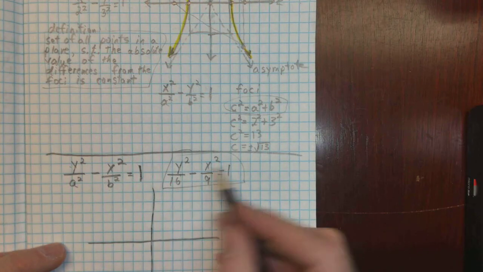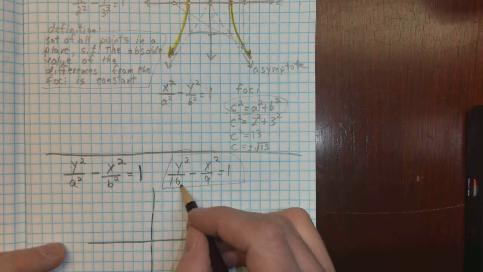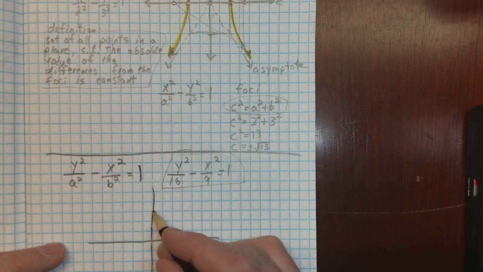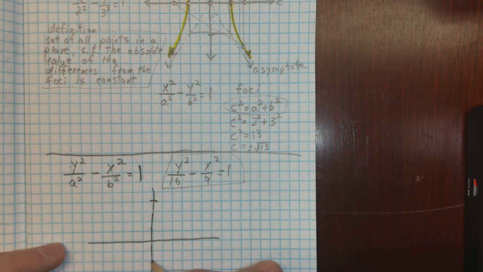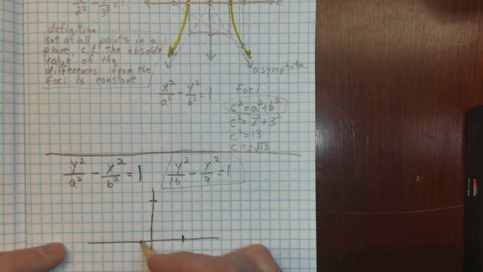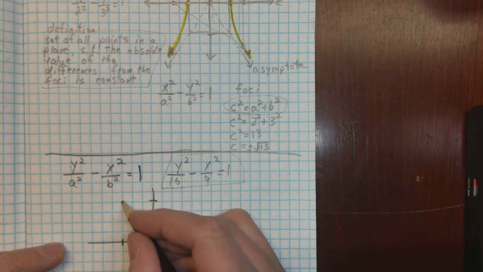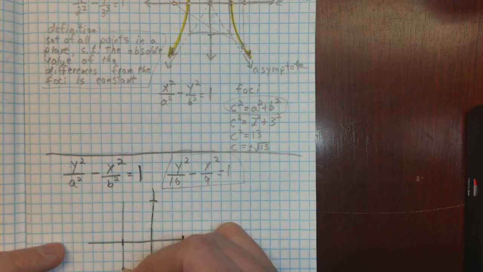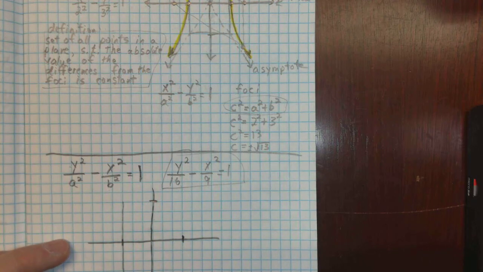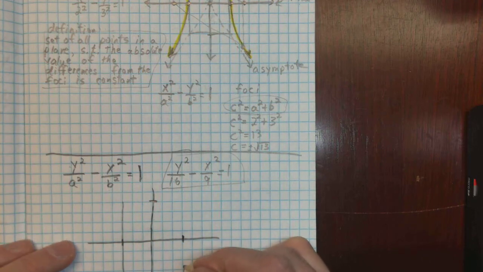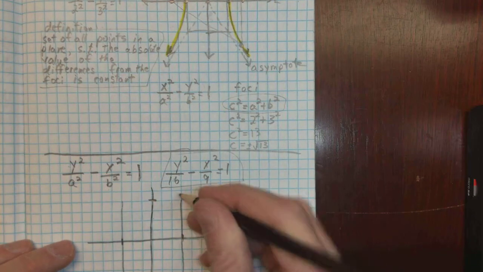And now this is y squared over 4 squared. So I'm going up 1, 2, 3, 4 here, and down from the origin 1, 2, 3, 4 here. Go 3, 1, 2, 3 here, 1, 2, 3 here, and I'm going to draw my box. And the box again is just a framework for drawing the actual curves.